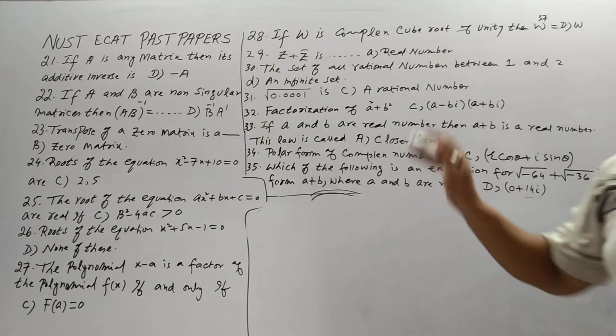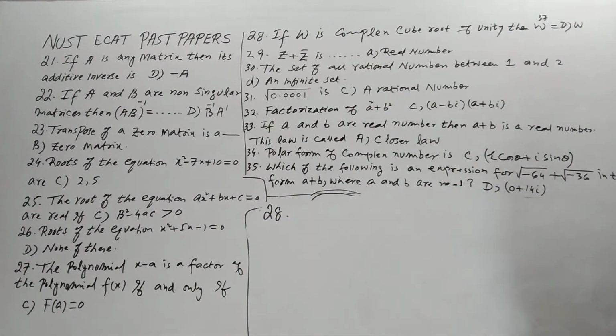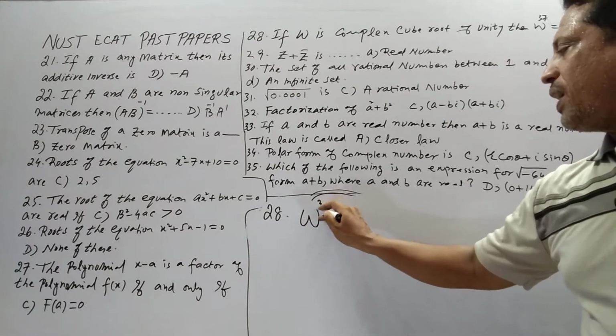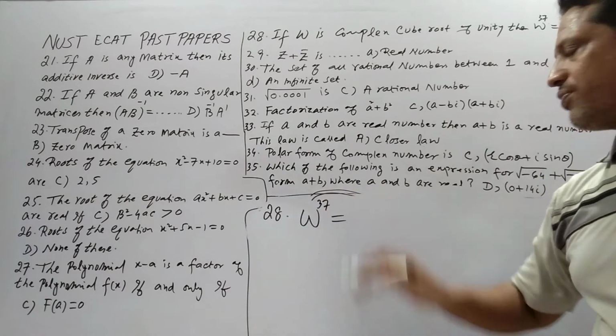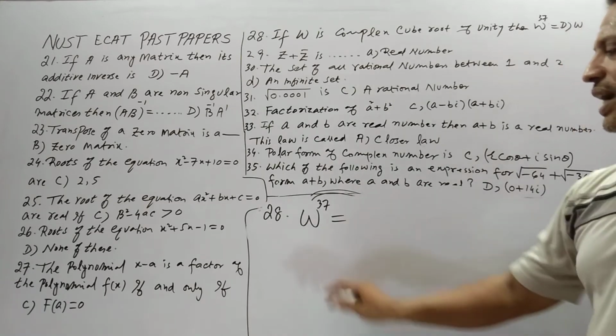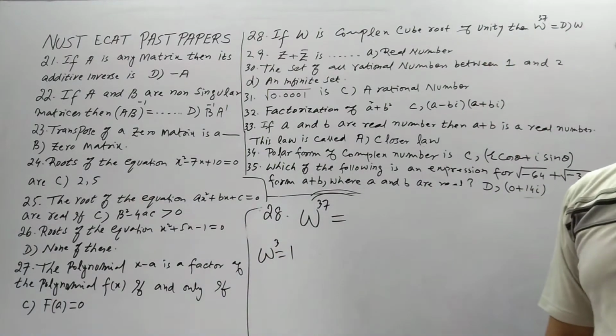Now MCQ 28. If omega is a complex cube root of unity, then omega to the power 37 is what? Students, you know omega cubed is equal to 1.